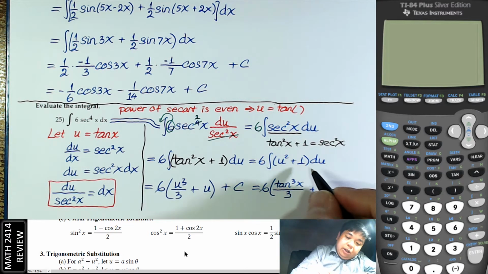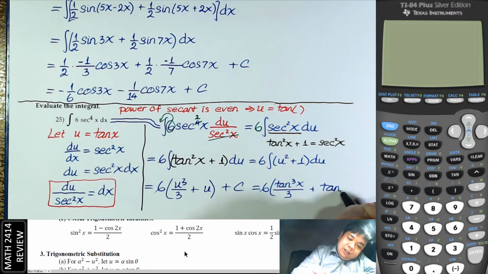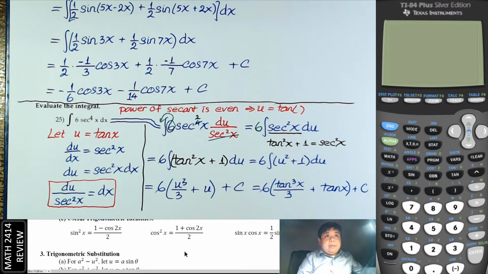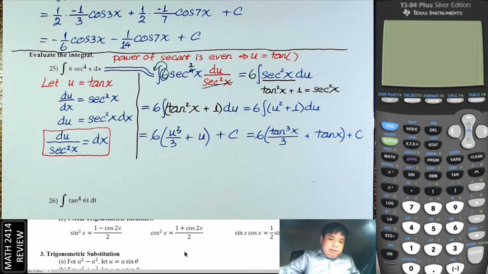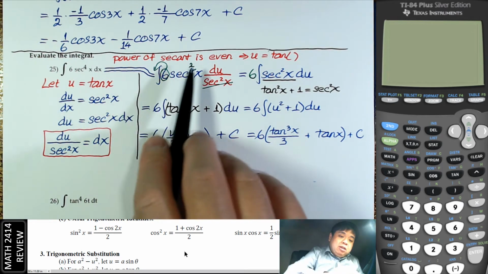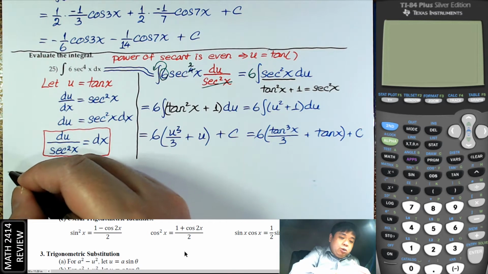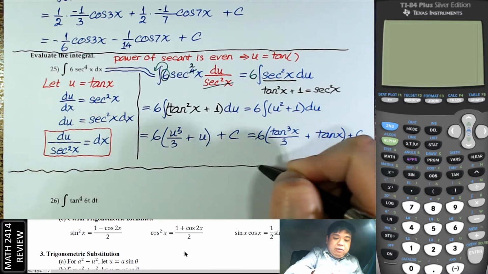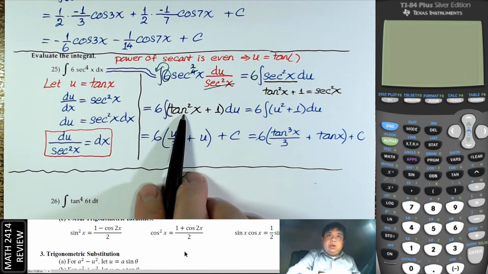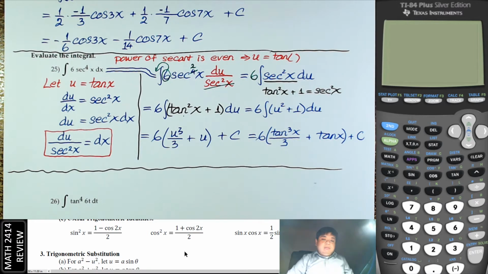So 6 times tangent cubed of x over 3 plus tangent of x plus c. So that's what we have. So if the power of secant is even, u equal to tangent. And even though it's not there, it will show up eventually by the Pythagorean identity.